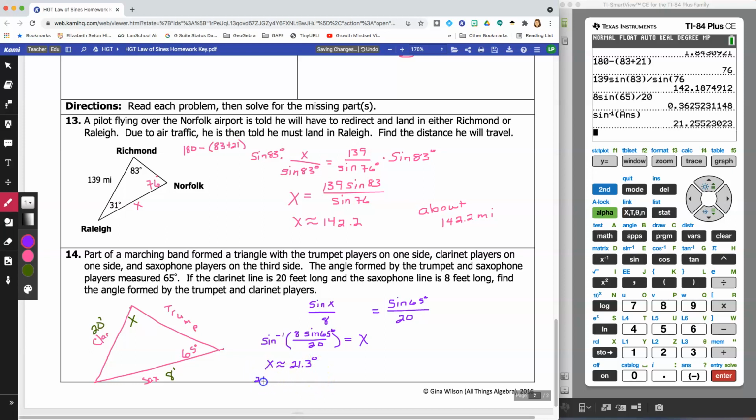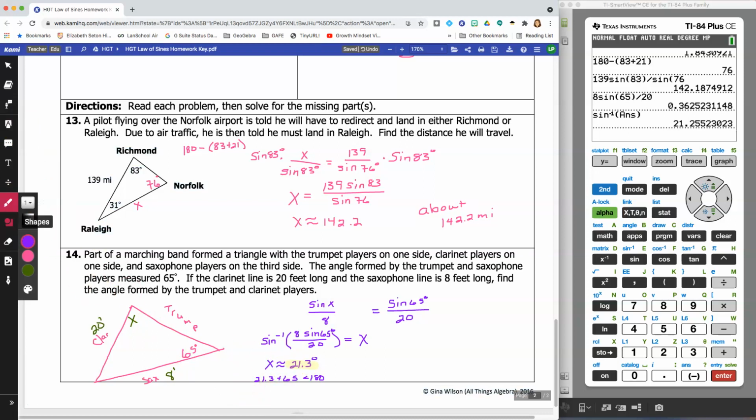If I add 21.3 plus the 65 that I already had, is this less than 180? If it's not, then this isn't possible, but we know it is because 60 plus 20 is 80. So we definitely know we're less than 180 degrees. So this is one possible triangle that we've created.